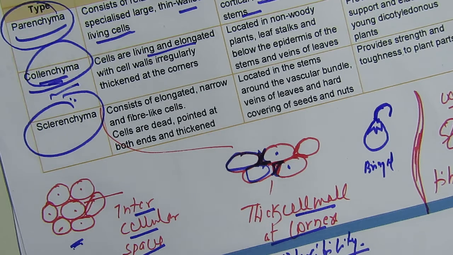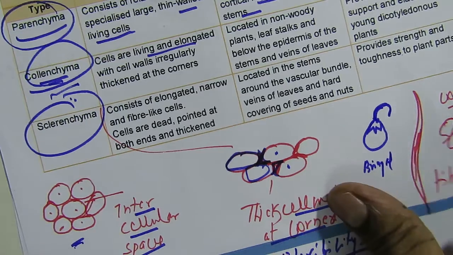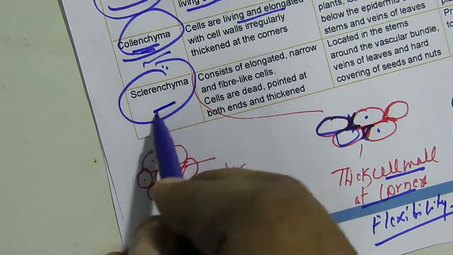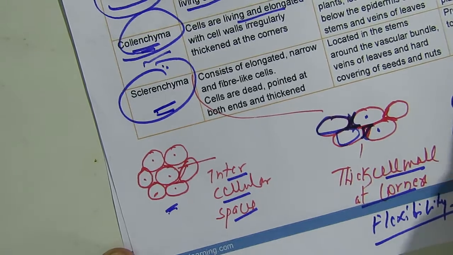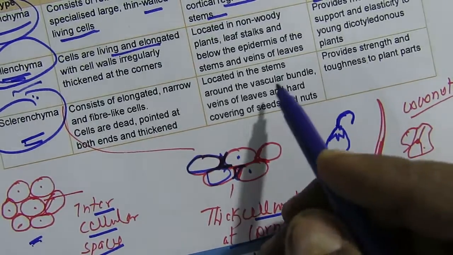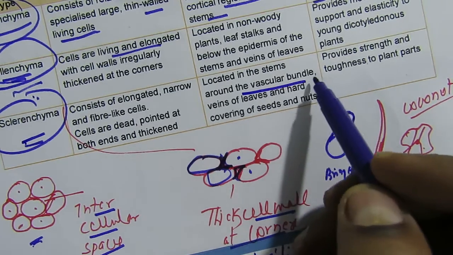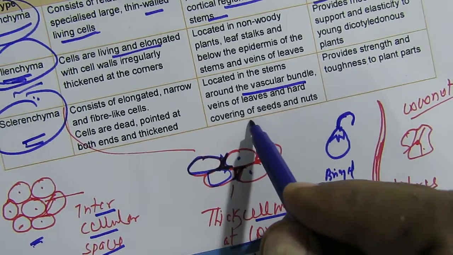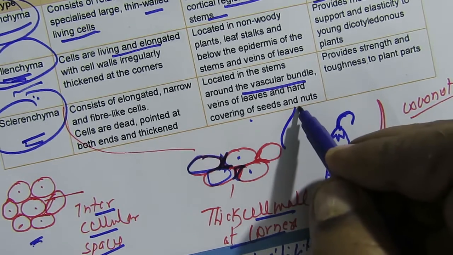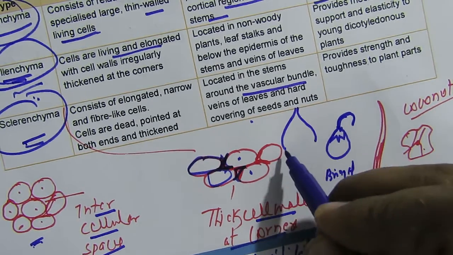The third tissue which supports plants is called sclerenchyma. You can see where sclerenchyma is, but this is dead tissue. Sclerenchyma is dead tissue. It is located in the stems, in vascular bundles, meaning xylem and phloem. In the veins, you must have seen the leaf of the peepal plant, Ficus religiosa.